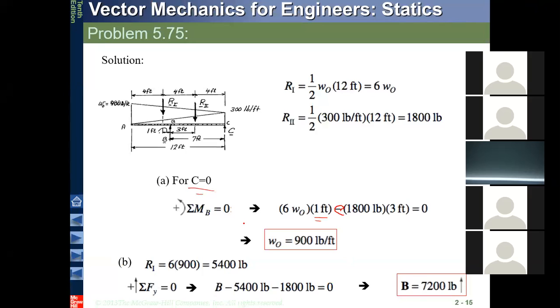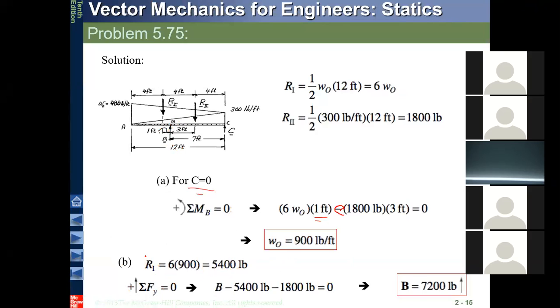So now that we know W naught, we can calculate the reaction forces at B. So R1 would be 6W naught, which would be 5,400 pound.